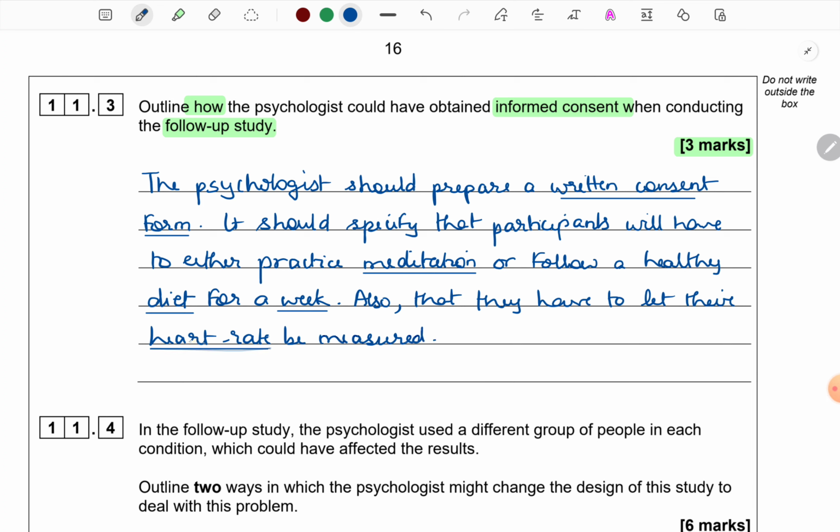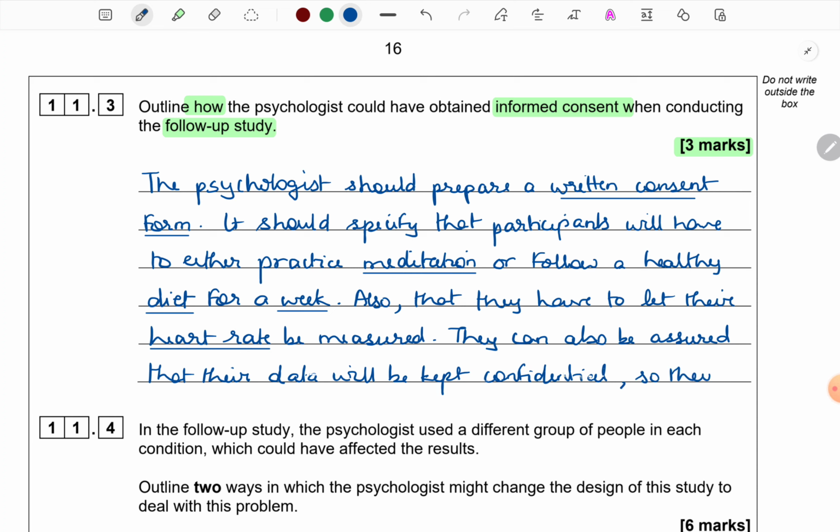They can also be assured that their data will be kept confidential, so their heart rate measure will not be published with their identity.